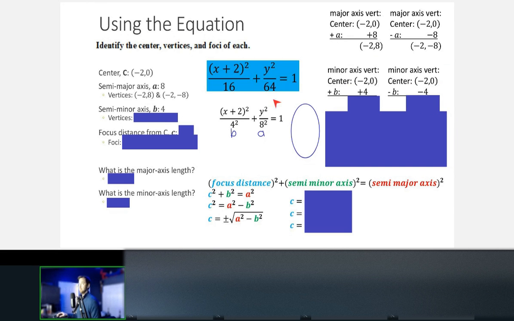So again, in the x direction, we're going left 4 and right 4. That's why I have 4 and -4. And we're going in the x direction. So -2 plus 4 and -2 minus 4. So we get those coordinates. So this coordinate here would be -6 comma 0. This coordinate over here, this vertex, is 2 comma 0.